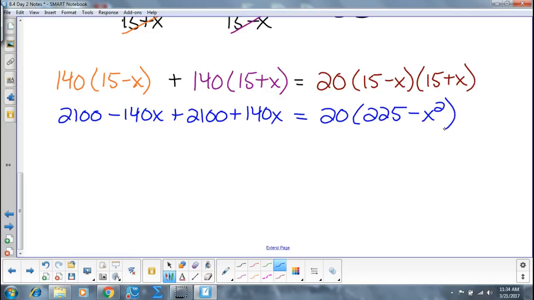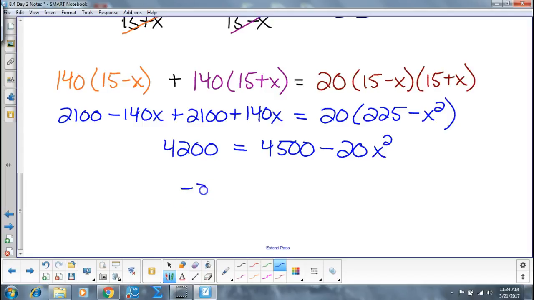So this becomes 4,200 equals, I think that's 4,500 minus 20 x squared. Yes? So this becomes negative 300 equals negative 20 x squared when I subtract off 4,500.